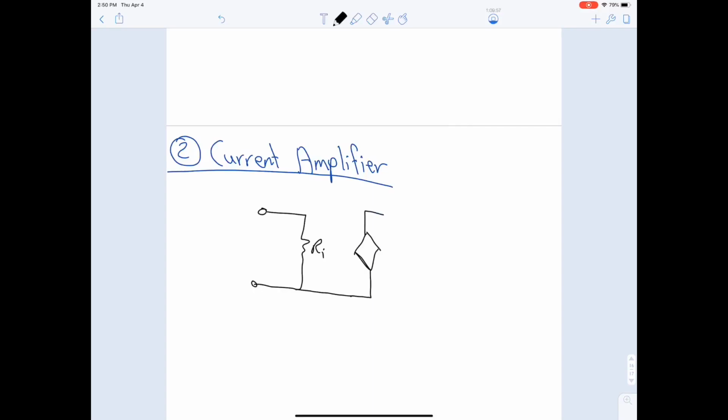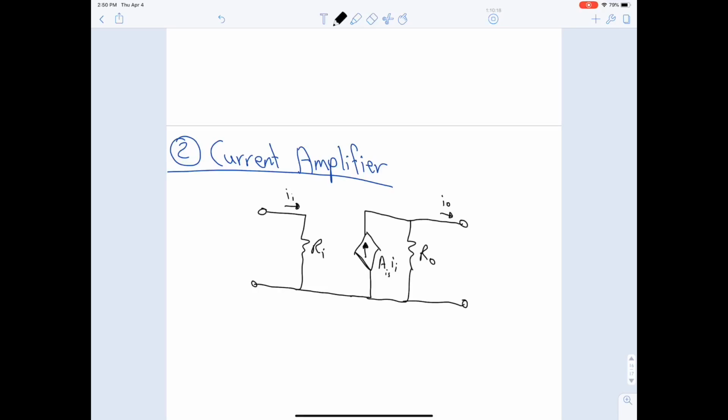This is our source. RO. And here we have a current source that depends on AIS, II, and here's II. Okay, this is IO.